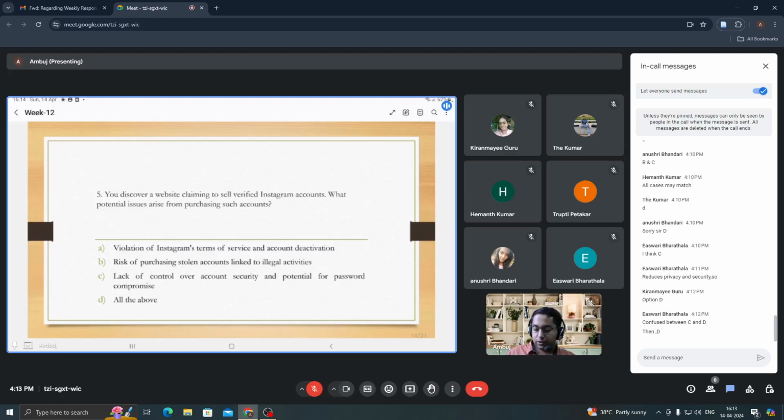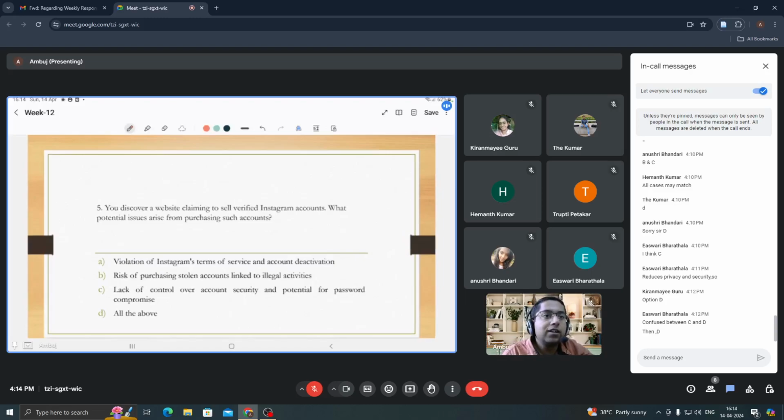Yeah, it would be D only. Okay. I think you have thought to the extent which is required in the examination. Try to think logically, but don't overthink also. This is my sincere advice.